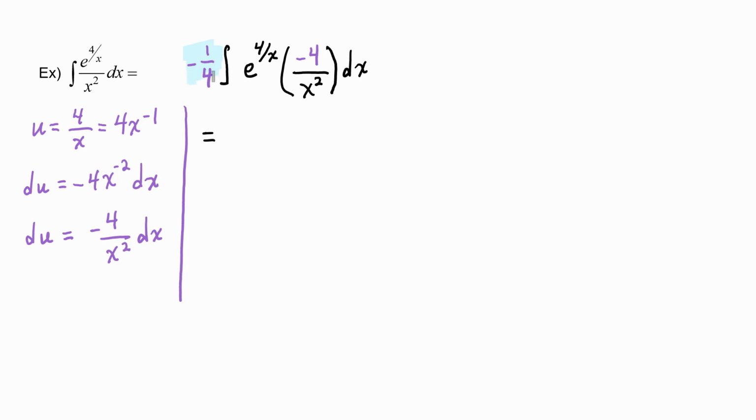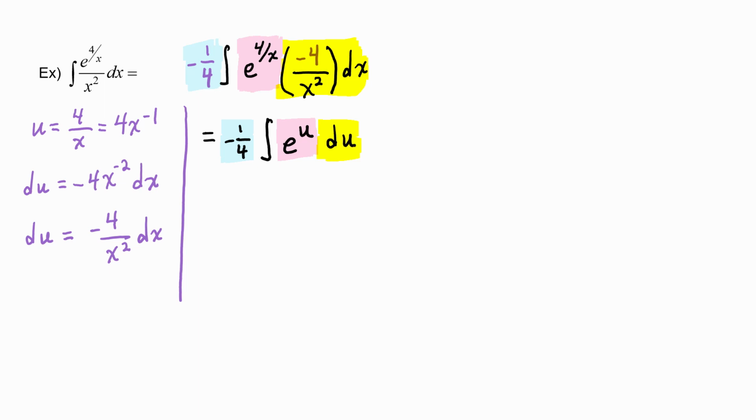So we have that negative 1/4 out front that has to come down. We have the integral. This e to the 4 over x gets replaced with e to the u, and then this entire negative 4 over x squared times dx gets replaced with du.